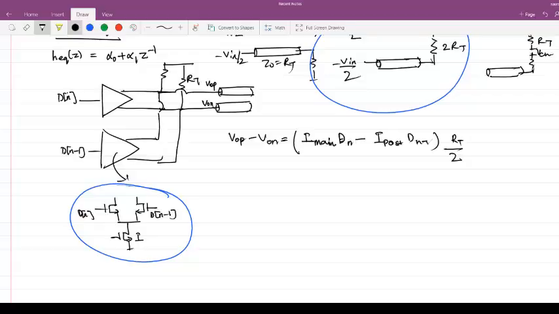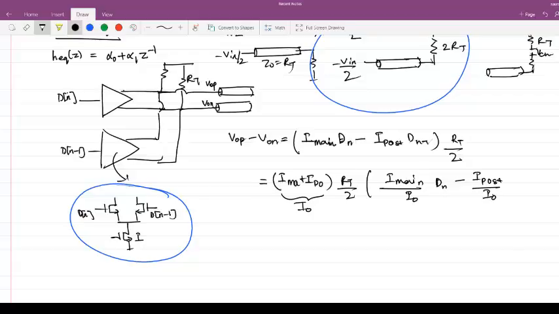Now this can be written as I main plus I post times RT by 2, and let's call this I naught Dn. Here I am considering that Dn are plus or minus 1 rather than 1 and 0. So I naught Dn minus I post by I naught Dn.